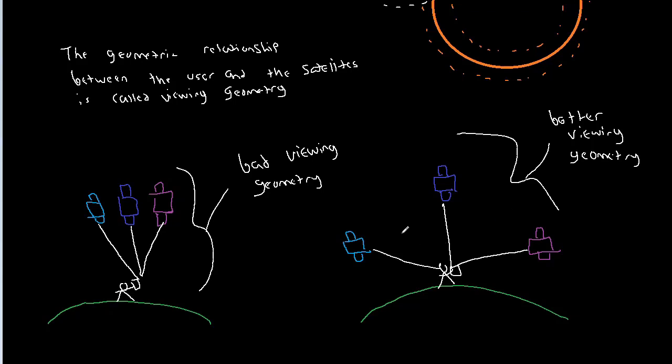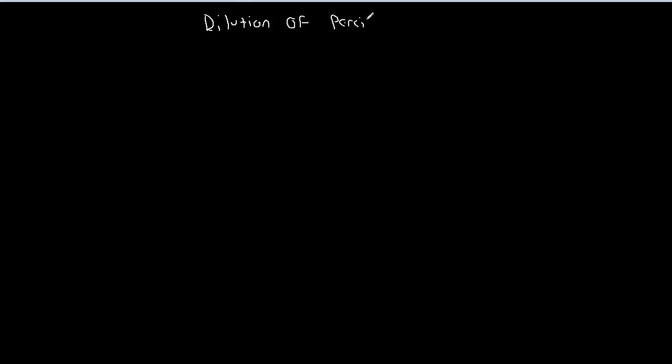So how do we know whether our geometry is good or bad? It's not really feasible for us to know when we're standing on the ground whether or not our satellites are in this configuration, or something in between. And so what we've done is we've come up with this idea of dilution of precision, or DOP, D-O-P.